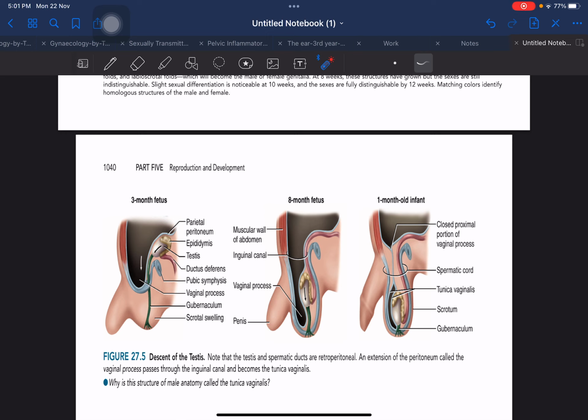So, independently of the descent of the testes, the processus vaginalis gets separated from the peritoneum of the abdominopelvic cavity. They both descend independently. The gubernaculum and the processus vaginalis form a low resistance canal for the testes to go through the groin.